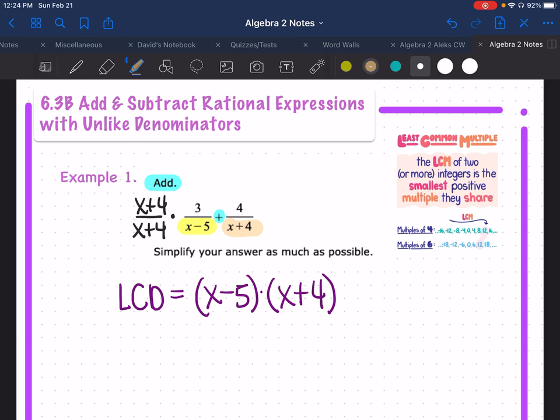So if we go back and use our highlighters, this is exactly the peach highlighter, okay? And so over here, cross that out, this is what you're going to multiply by. And if you look, that is the yellow denominator. That is my yellow denominator.